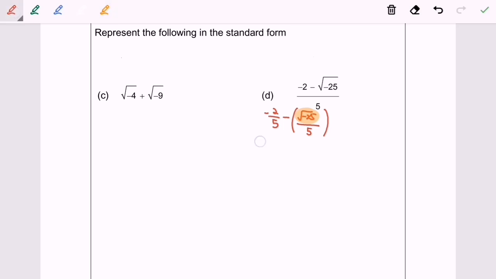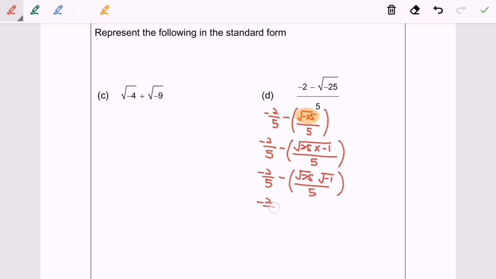So we will have negative 2 over 5 minus, by using the properties, the square root of 25 multiplied with negative 1, over 5. We can still simplify it to become negative 2 over 5 minus the square root of 25 multiplied with the square root of negative 1, over 5.